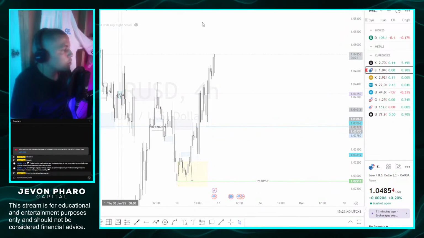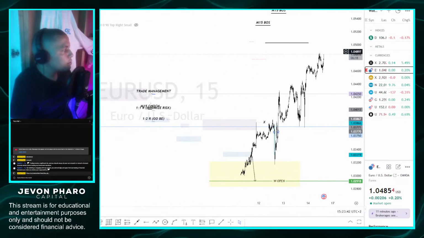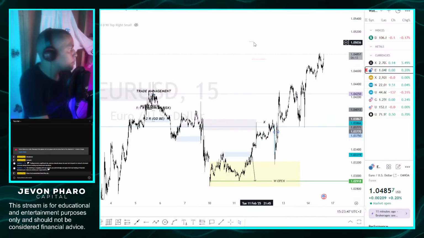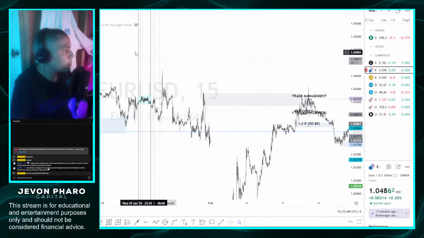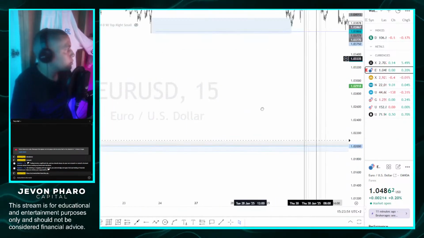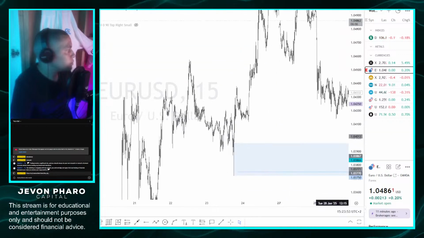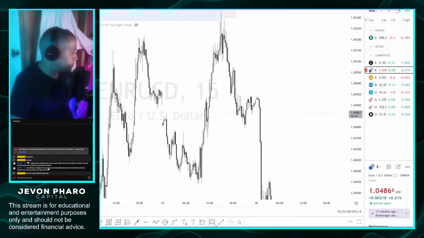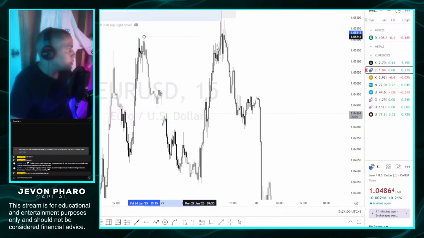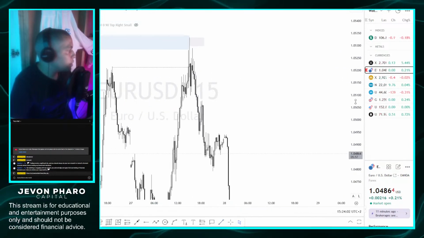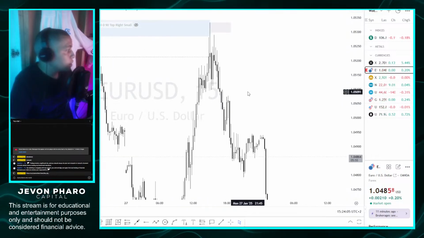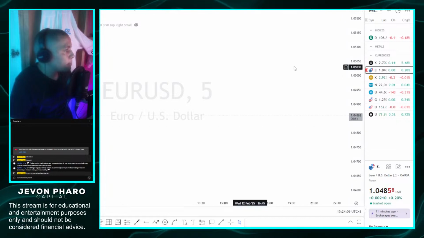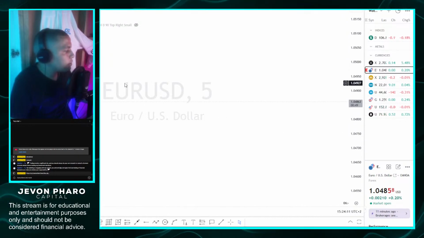For our change of characters, go to the 15-minute and go refine that zone. So here we have the break of structure to the upside. I must say it's a bit tricky. Let's go to the 5-minute.